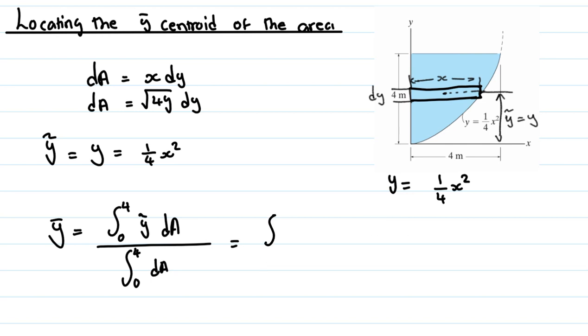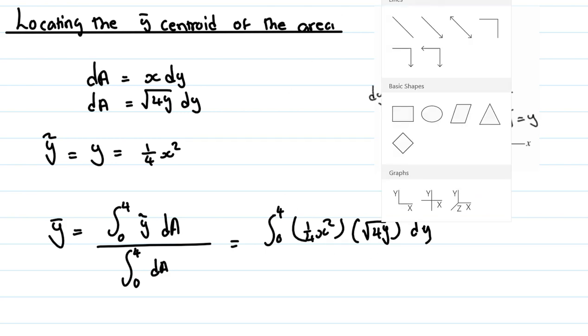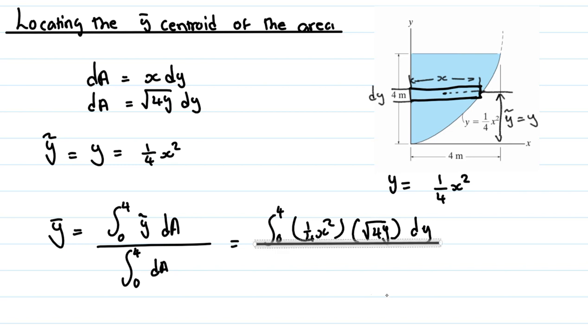So this gives us the integral from 0 to 4 of 1 over 4 x squared, multiplied by dA, which is the square root of 4y dy, divided by the integral of the area, which is the square root of 4y dy.